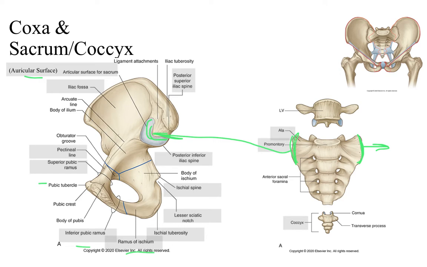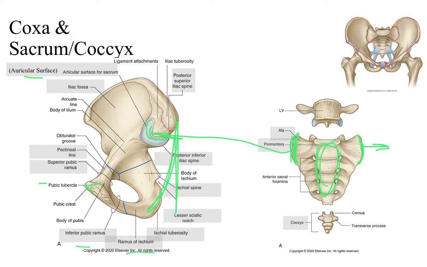All right, so the auricular surface of the ilium would make a joint with the ala of the sacrum. And this right here would be the anterior portion of the sacrum, and that would always be pointing towards the pubic tubercle from the back. Right, so there would be the anterior surface.